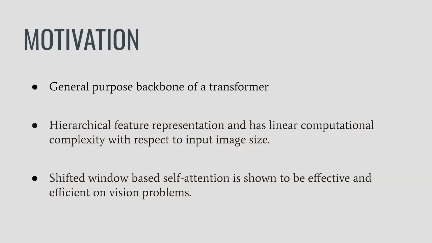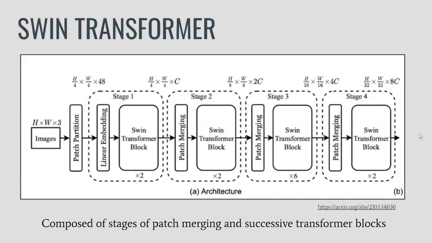Well, the first thing that we need to do over here is to understand the structure of the Swin transformer. Now, this is the structure of the Swin transformer. And as you can see, it is mainly divided into four main components. The first would be patch partitioning, linear embedding, Swin transformer block, and patch merging.